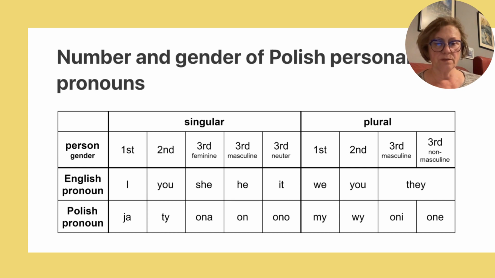Third person, neuter, it, ono. Plural: first person, we, my. Second person, you, wy. Third person masculine, they, oni. Third person non-masculine, they, one.